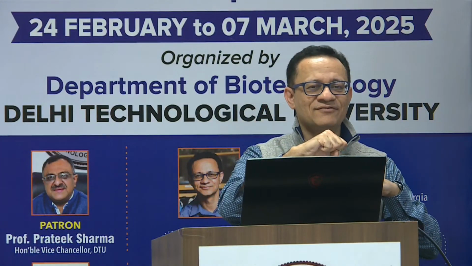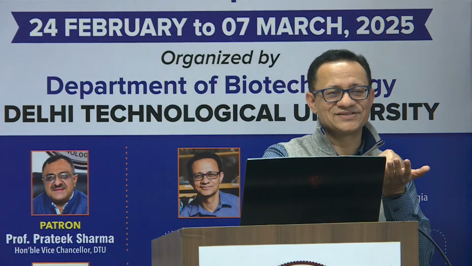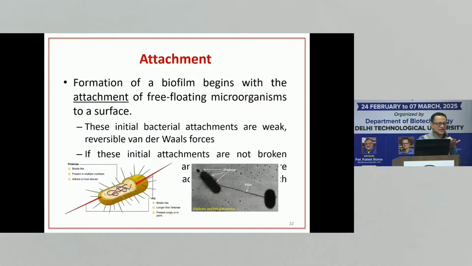At first the adhesion is very weak, due to van der Waals forces or something, but once it adheres, it can grow and the adhesion can become stronger and stronger.